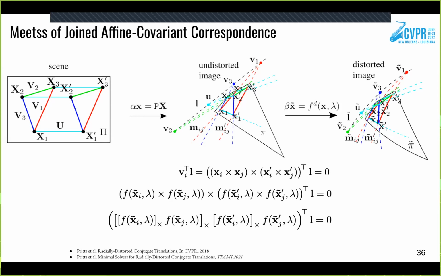But the elements of the 3 by 3 matrix are polynomials in lambda of what degree? When you write down the lens undistortion function, it's of degree 1. It's just lambda r squared. And then you start taking cross products, and then you have to take the determinant. So I don't know the exact structure.